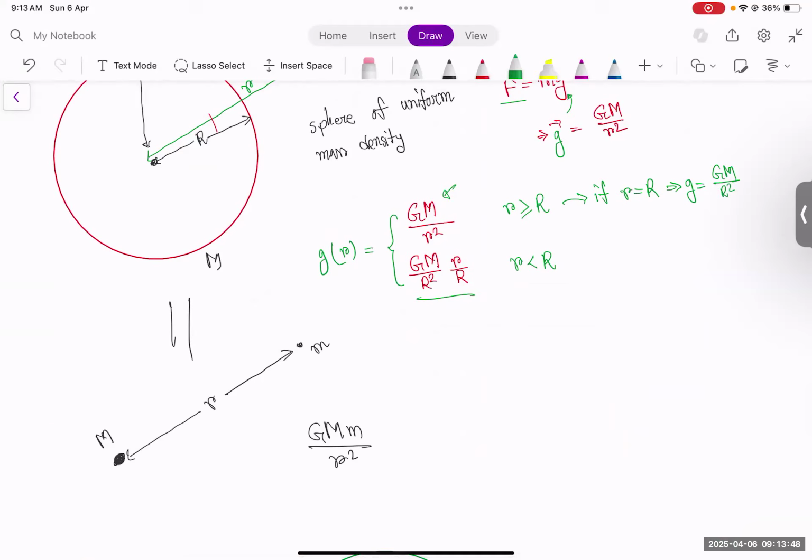As expected, you don't want a sudden jump in gravitational field. Real life values are mostly continuous, and we expect g to be continuous around the surface as well. As you can clearly see, the outside formula gives GM by r squared, and if you substitute r is equal to R in the inside formula, you will get GM by R squared.